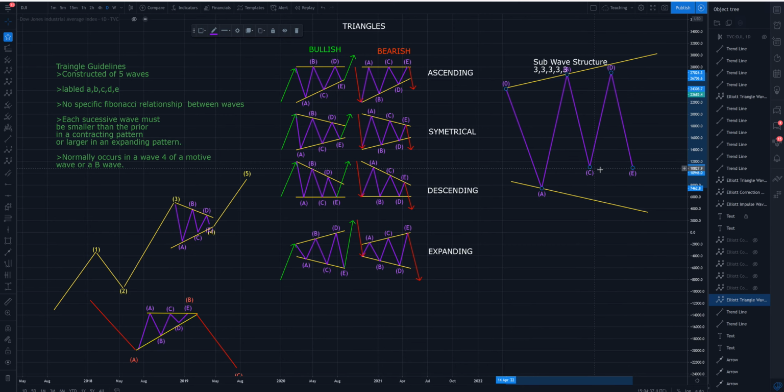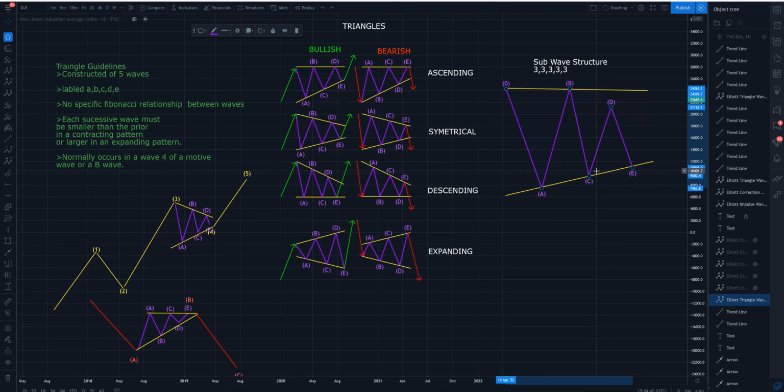So you can find out very quickly, essentially, where you are in time and space and what kind of corrective structure you're looking at. And then you should know very soon on whether you're looking at a triangle if you simply follow these rules of each successive wave being smaller in a contracting pattern or larger in an expanding pattern.